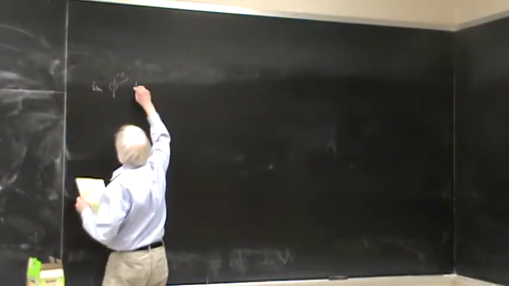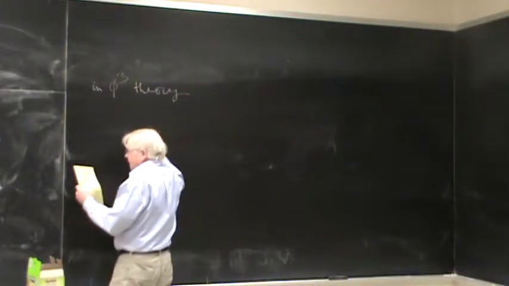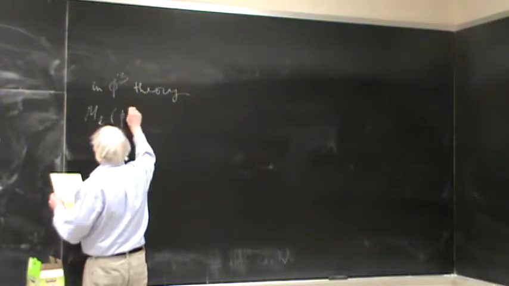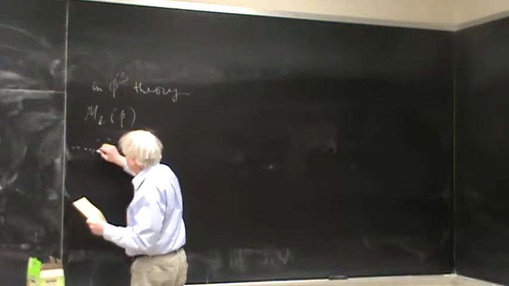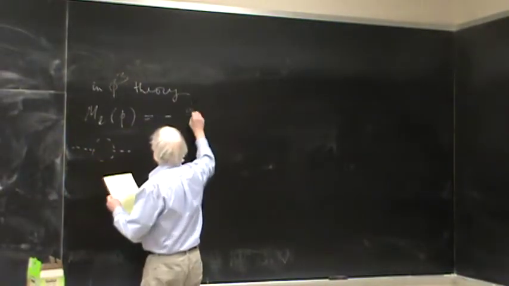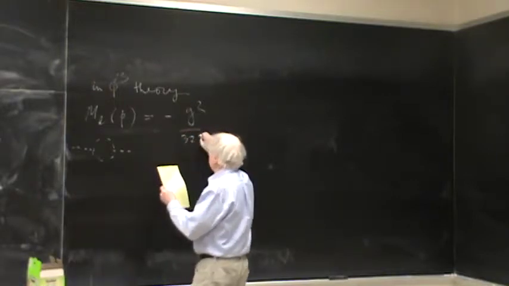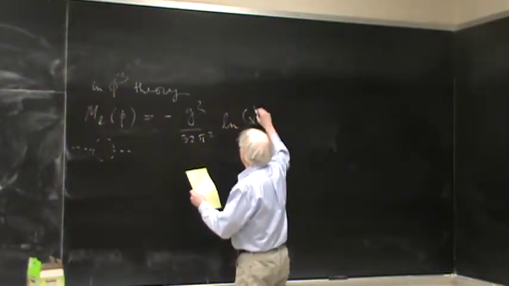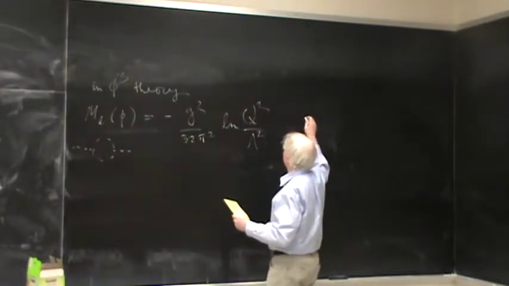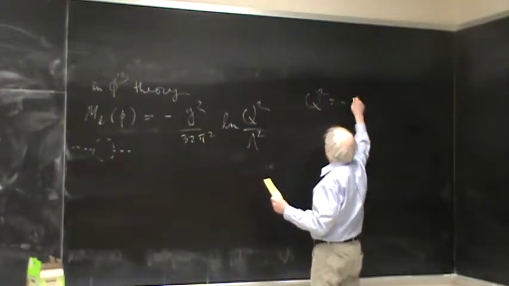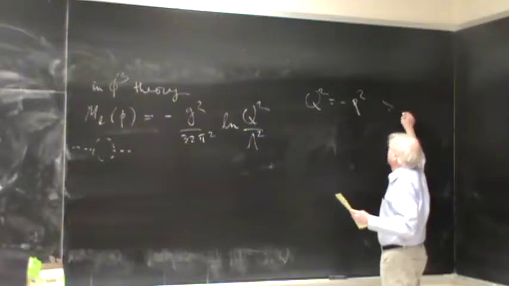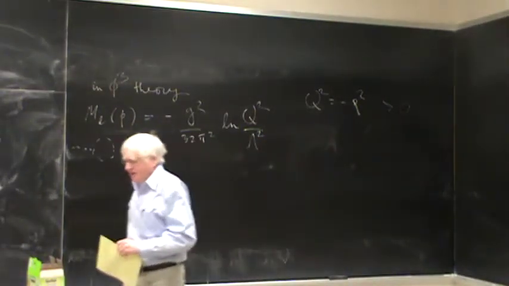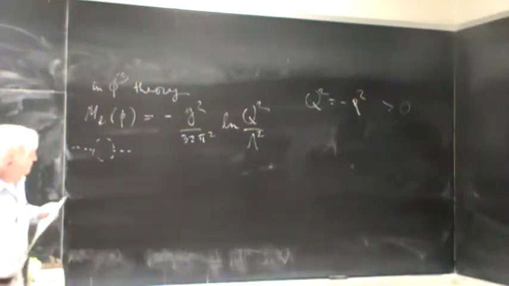So we saw in phi cube theory, and this was typically massless phi cube theory, the one loop amplitude, which was minus g squared over 32 pi squared log of q squared over cutoff lambda squared, where here q squared is minus p squared, and we're going to be thinking about values of p such that p squared is negative.